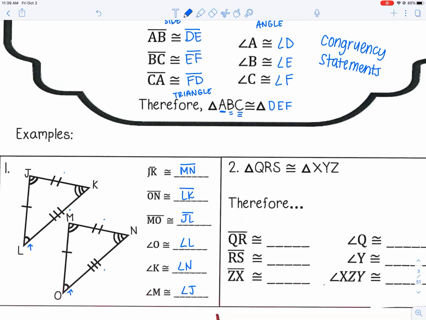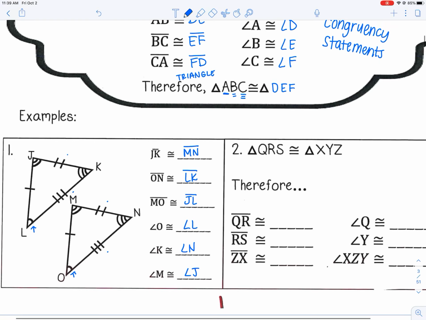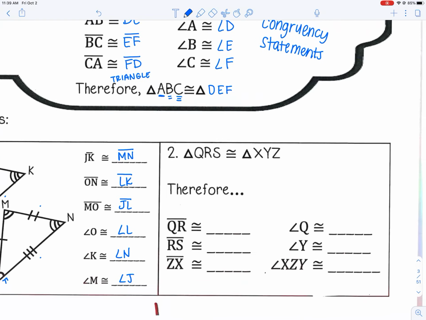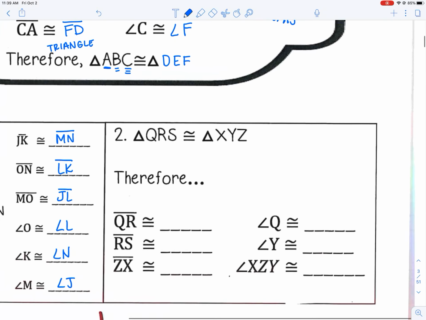So when you're given a triangle with it already marked, you can just look at the tick marks and tell what's congruent. But when you're not given a triangle, like on number 2, you have to use the triangle congruency statement to tell what things are congruent or corresponding.